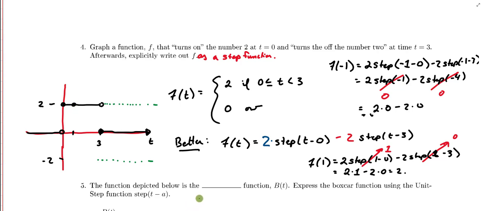Okay. The last thing to check, and I'm sorry I've run out of room, is to plug in the value f of 4. So we plug 4 into this function. We get 2 times the step of 4 minus 0, minus 2 times the step of 4 minus 3. But look at how these two terms evaluate.